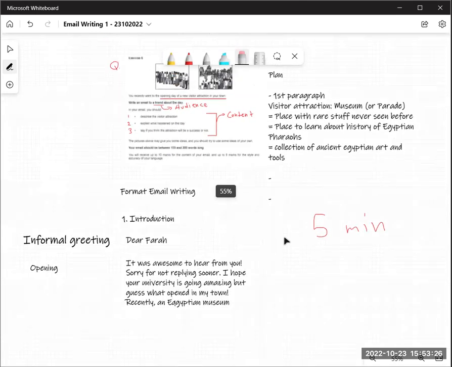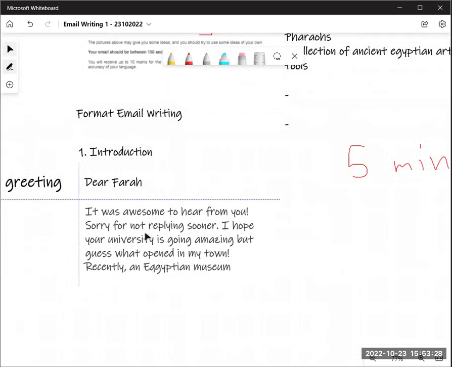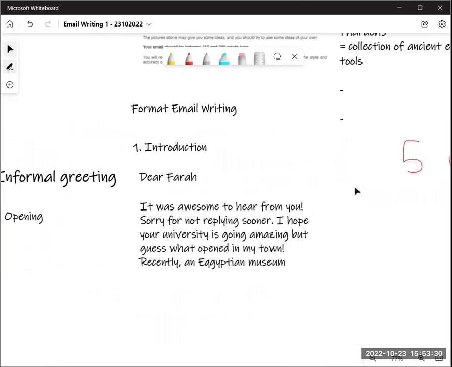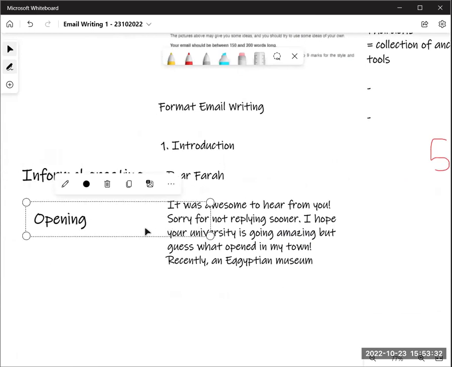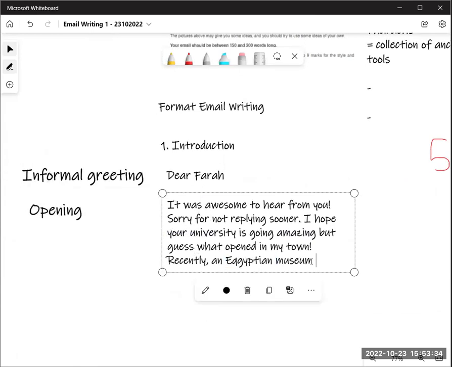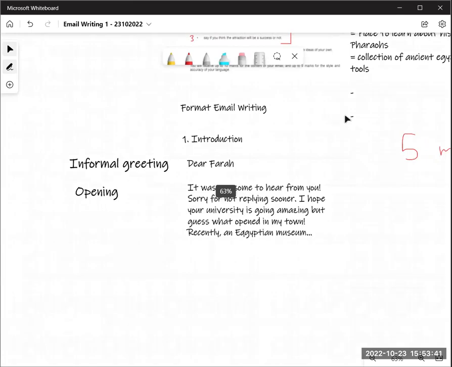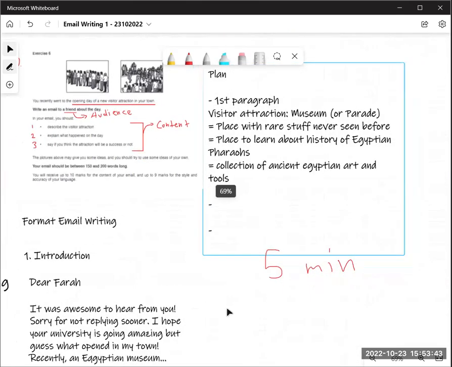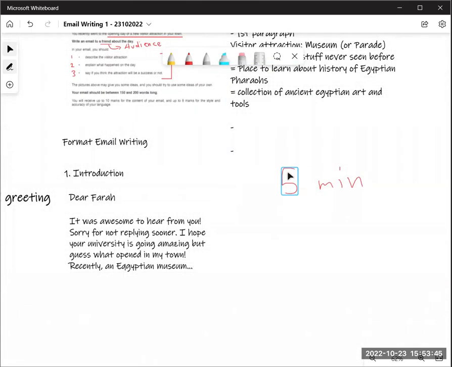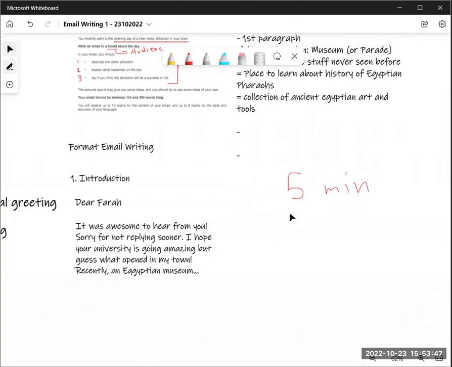Picture, yes. What you have to do is, I've written the opening for you and I gave the greeting. Greeting and opening are done. Now your job is to continue from here. Recently an Egyptian museum... You have to continue from here, remove the dots, and based on the points right here, finish the paragraph and send me a picture, however much you can write in 5 minutes.